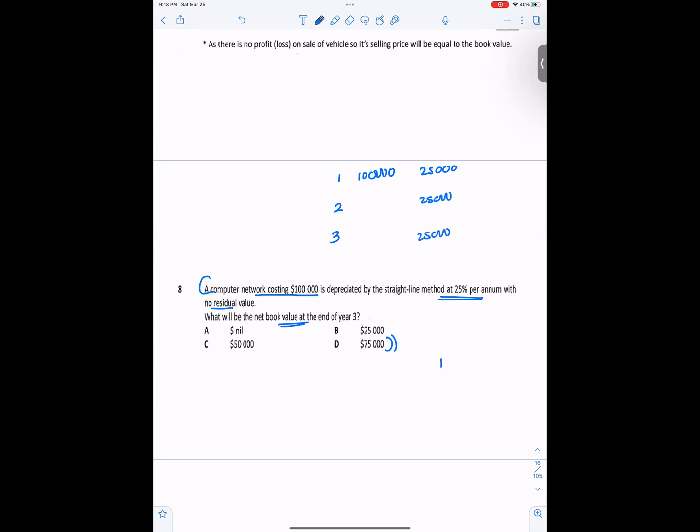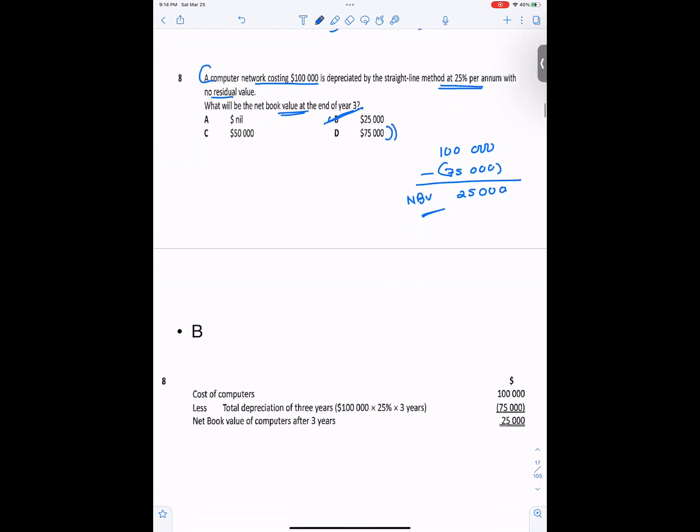So at the end of year 3, 100,000 minus 3 years depreciation of 75,000. So that's 25,000. So at the end of year 3, the net book value will be 25,000. Yes?